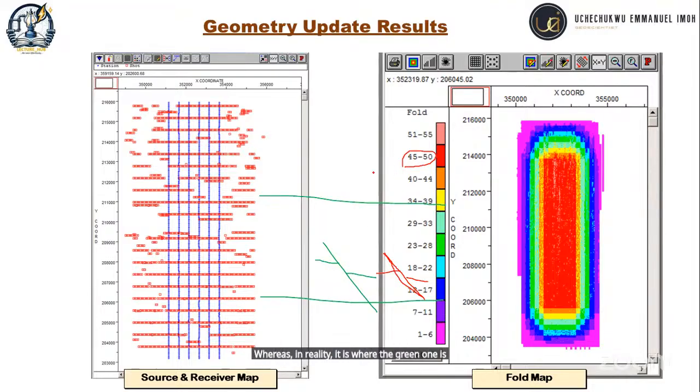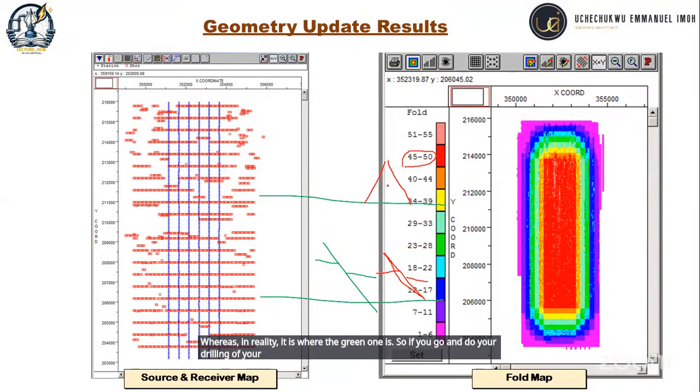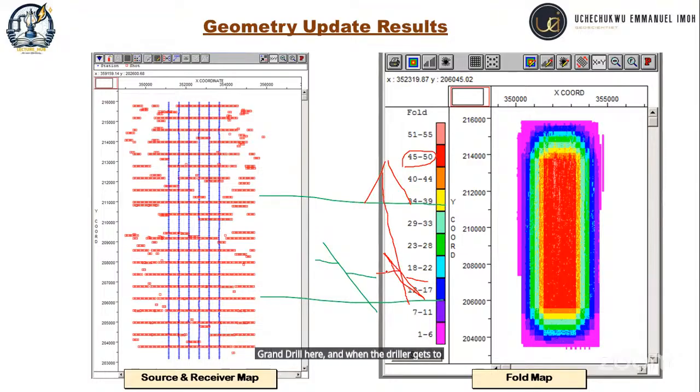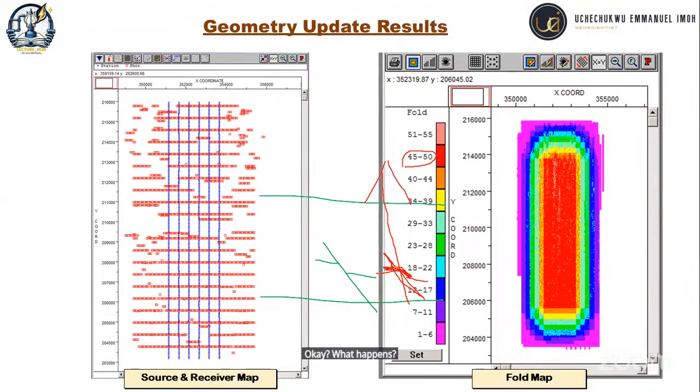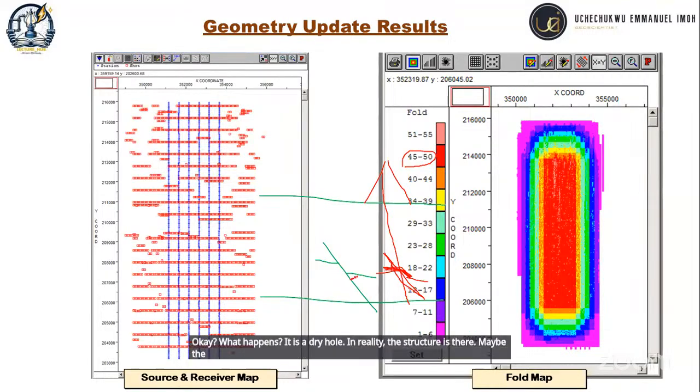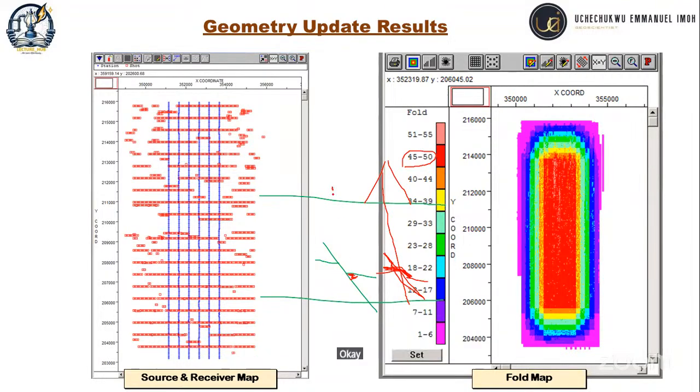So if you go and drill your well, for instance, you go and drill here, and when the driller gets to this depth, they'll find out there's no structure here. Okay, what happens? This is a dry hole. In reality, the structure is here. Maybe the reservoir is here, so your well is supposed to go this way to this reservoir.